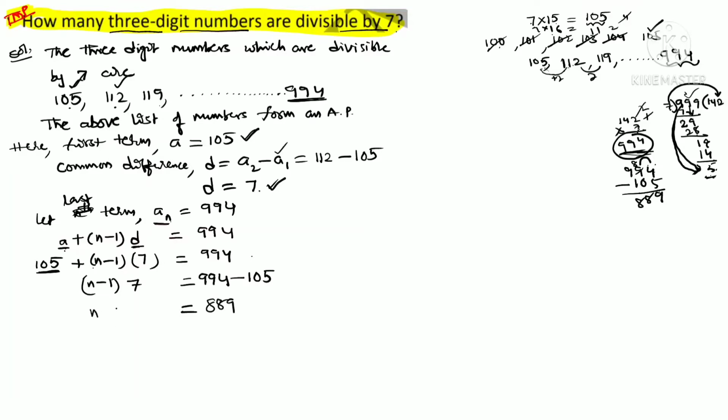n minus 1. This 7 is multiplying, so if you transpose it, it will divide. With 7 we have to divide this one. 7 8s are 56, 7 10s are 70, 7 12s are 84. 88 minus 84 is 4. 49, 7 times 7 is 49.